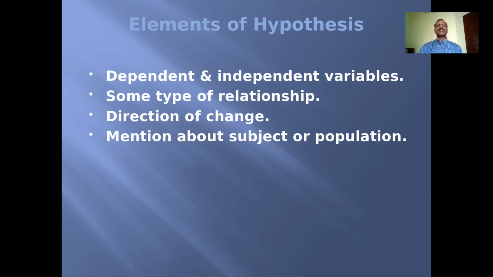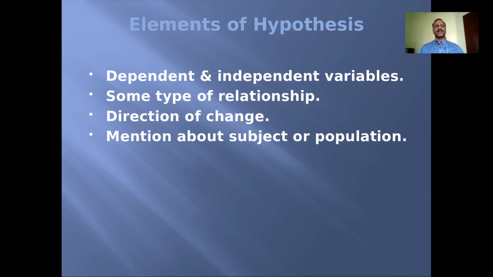These are the elements of hypothesis. When we formulate hypothesis, two variables are needed, because we are establishing a relationship between two variables. Probably the dependent variable and the independent variable are needed for formulating hypothesis, and we should be able to establish some type of relationship between the variables.